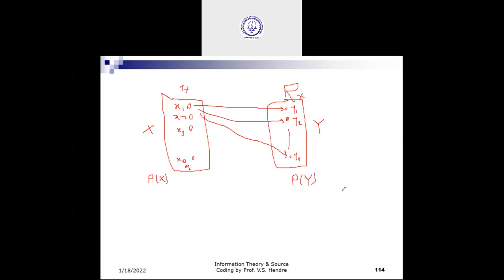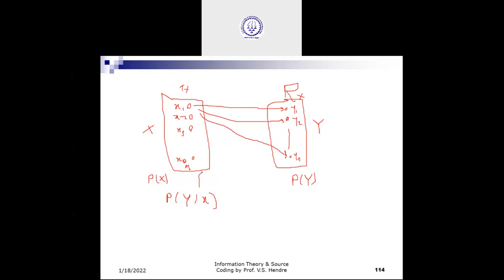Now I have to define a few more probabilities in order to understand the concept of entropy for this particular channel. I want to define one more probability, P of y given x. P of y given x is P of y dependent upon x. This is a conditional probability, and whenever you take P of y dependent upon x, x is known to you.